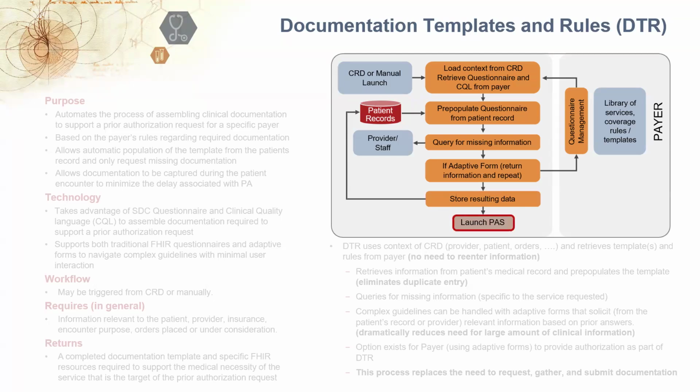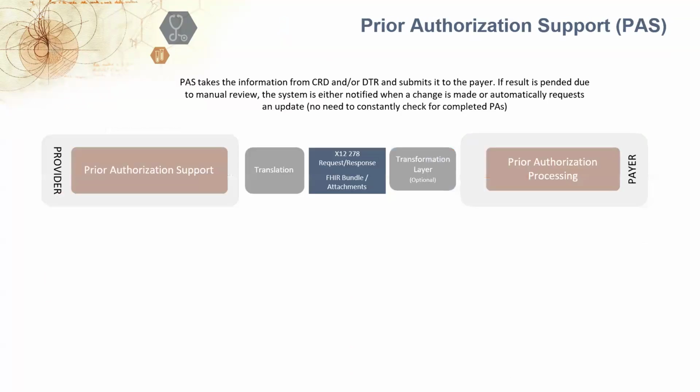And I say most likely because, again, these are 3 independent implementation guides. Outside of prior authorization, DTR could be used in many, many use cases to capture information. So it's not always launching PAS, but for our purposes in burden reduction, the next step would be to take that information and launch the prior authorization support.